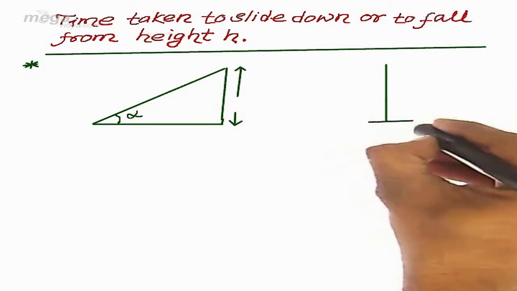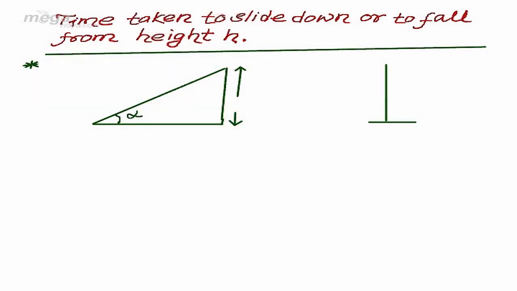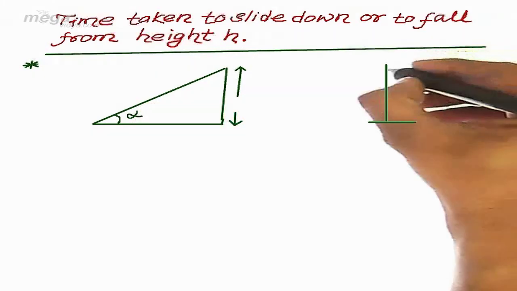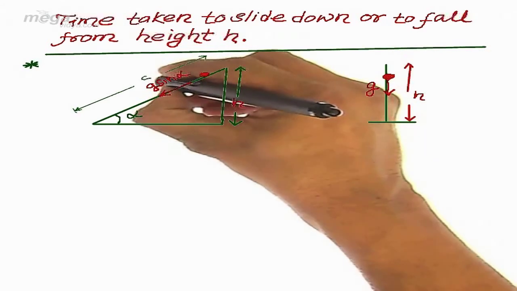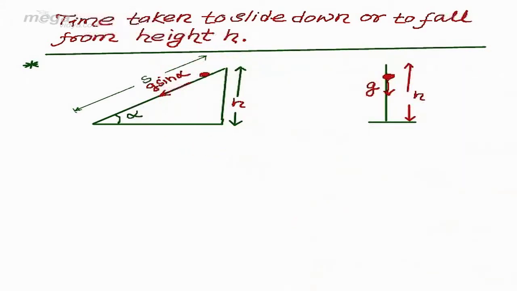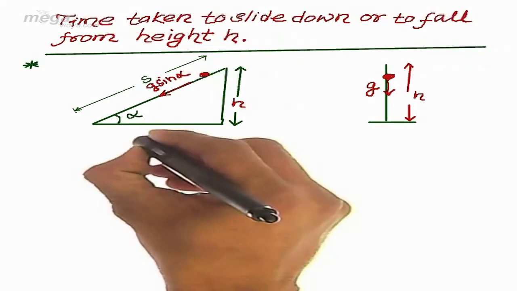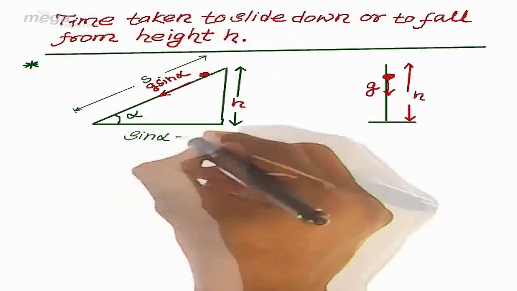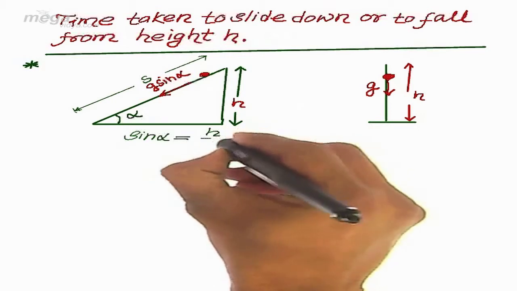In the second case, we are dropping a particle from the same height h. Say the complete length of the inclined plane is s. We can write here sine alpha to be h upon s.